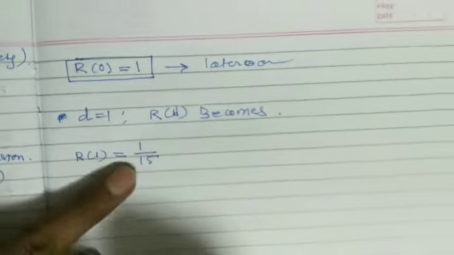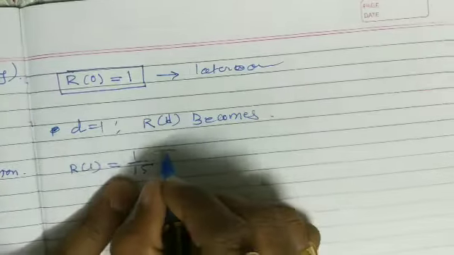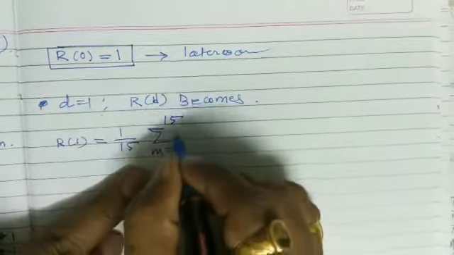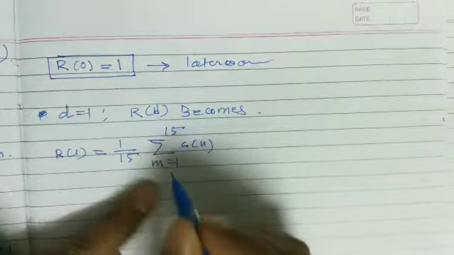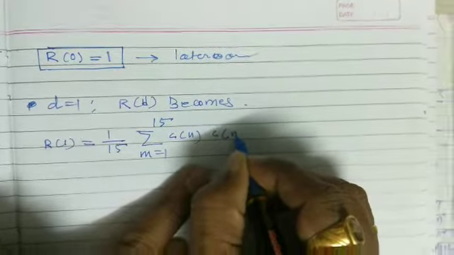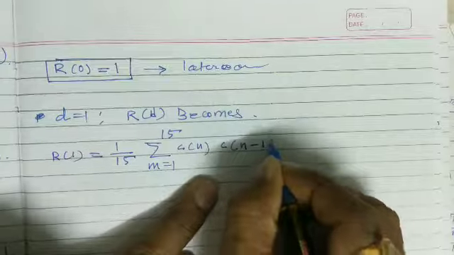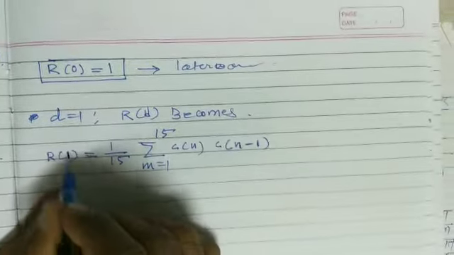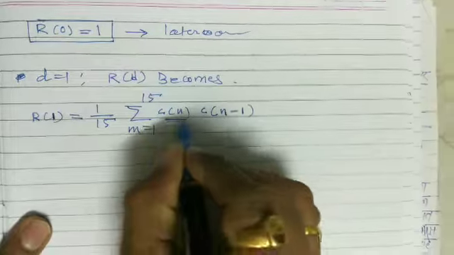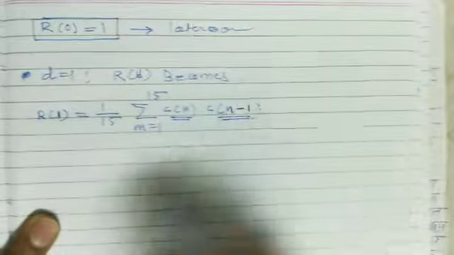I'm directly writing the value of n over here, then summation m is equal to 1 to 15 of C of n, and this will now be multiplied by C of n minus 1, because the value of d is 1 over here. Now here we are multiplying Cn with C of n minus 1.